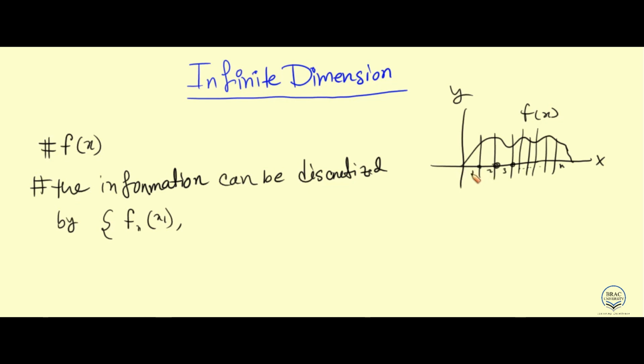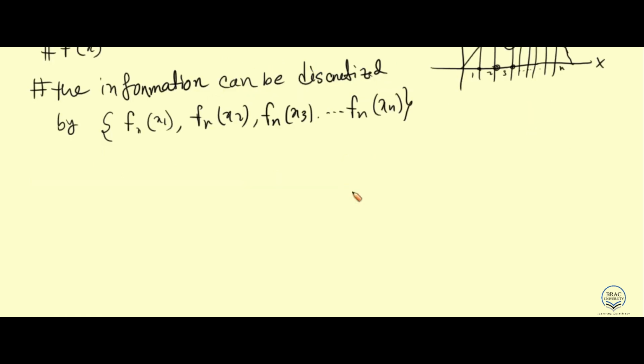Don't confuse this with the number that is over here. And then f of n x2, f of n x3, up to f of n xn. Alright, so since these are discretized, we can interpret this as an ordered tuple.